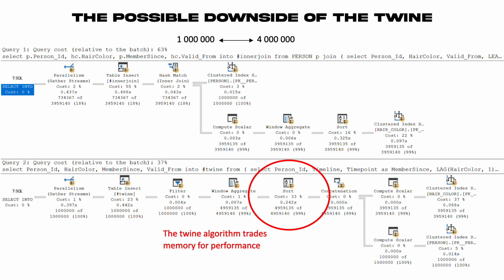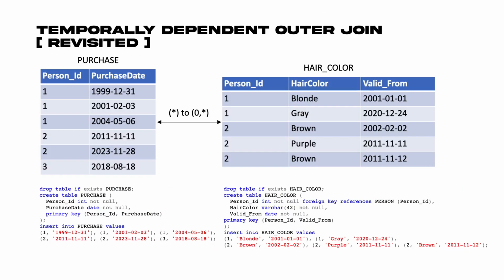Now, I call this the specialized twine for a reason, and it is because it works under specific circumstances. So let us revisit this temporally dependent outer join, but in this case we're going to use another date associated with a person. Rather than having a member since date, we're going to have a purchase date. And in this case, each person could have made more than one purchase.